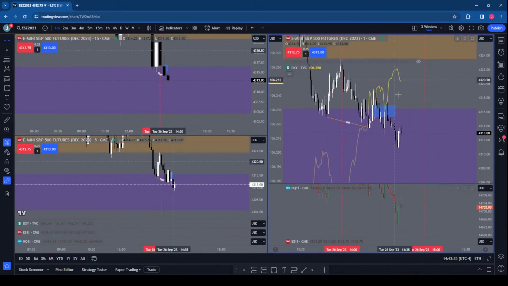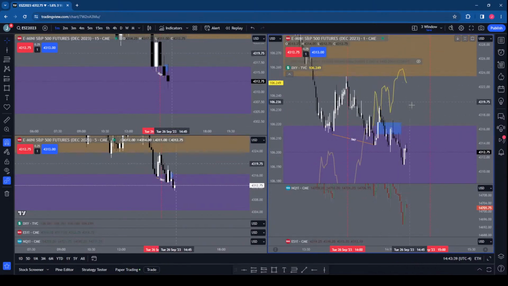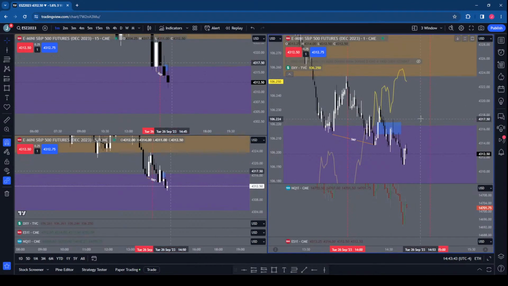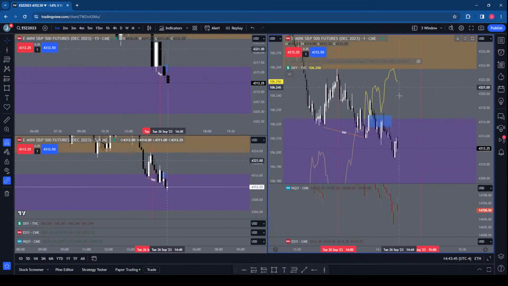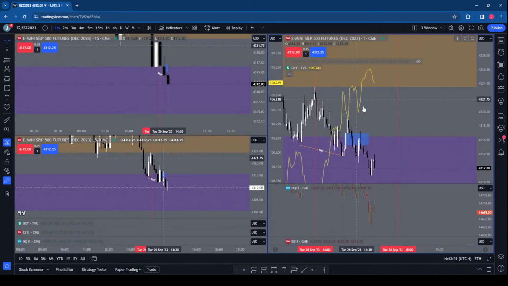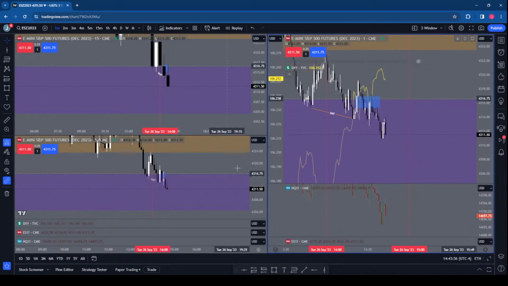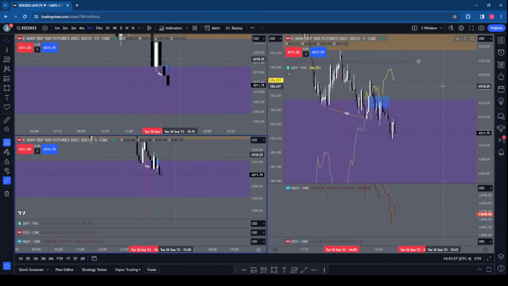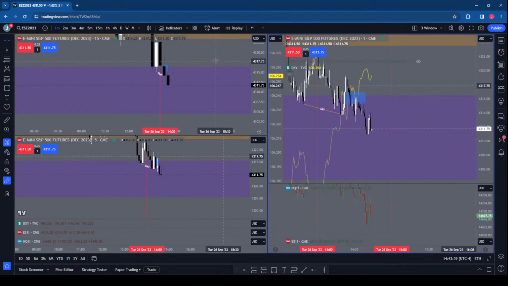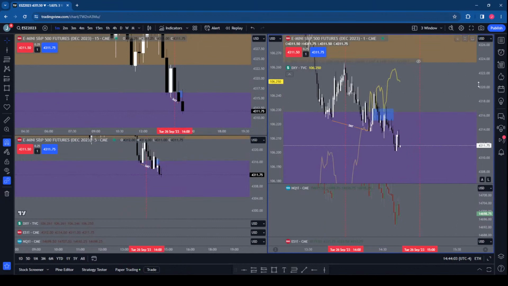I'm not too interested in taking shorts. I'd want to see more of a pullback into a premium. If we got animated to the upside with the dollar dropping, I'd be interested in possibly scalping to the upside. But right now, I don't want to try and scalp to the downside after we've already hit so many downside targets.